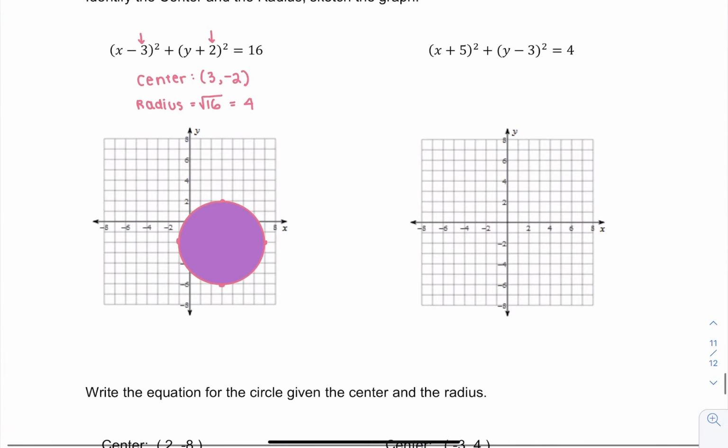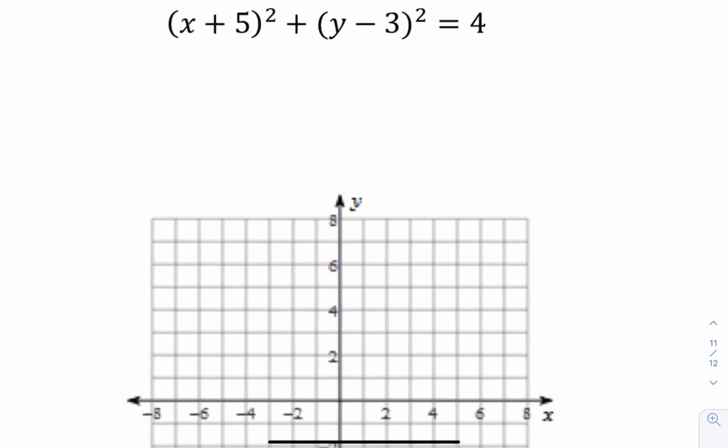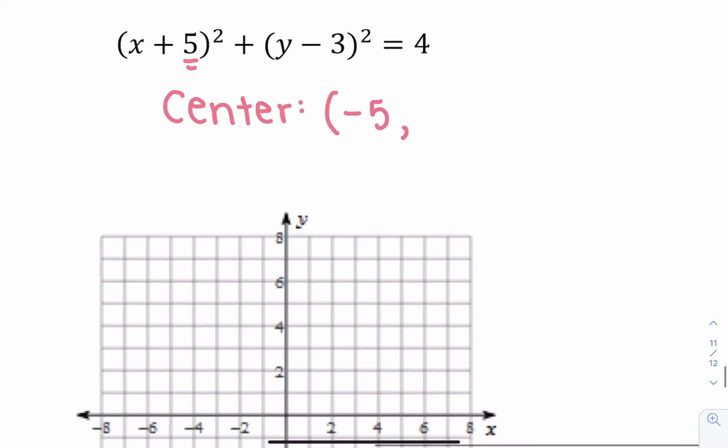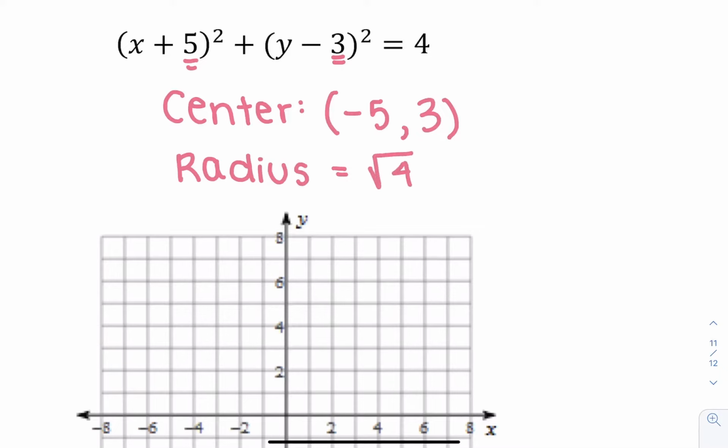So let's try another one. As usual, the center is going to be funky, so it's going to be opposite of what it seems like. So if it's 5, it's really -5. If it's 3 and it looks like a -3, it's really +3. Our radius is not 4, it's the square root of 4, because this 4 is really r squared.